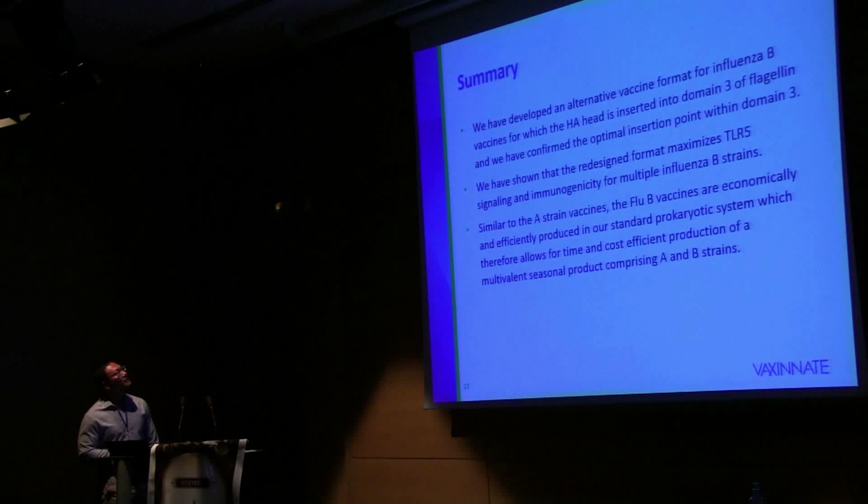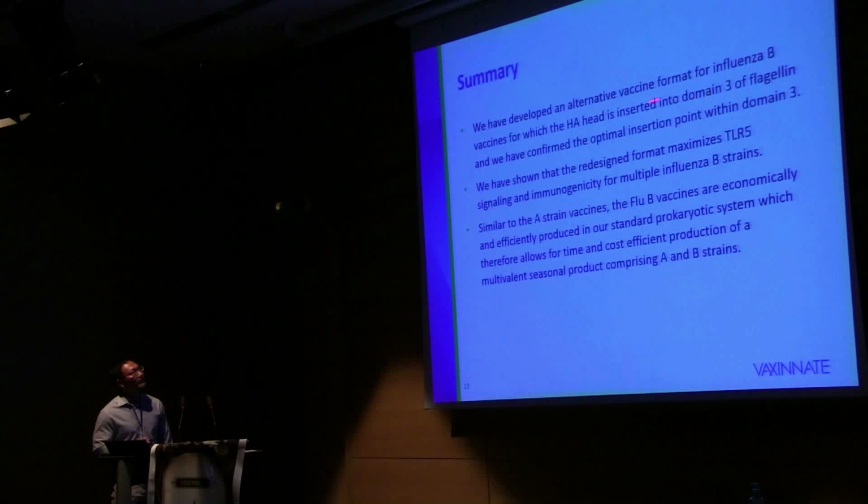So, in summary, we have developed an alternative vaccine format for influenza B vaccines, in which the HA is inserted into domain 3 of flagellin, and we have confirmed the optimum insertion point within domain 3. We also showed that the redesigned format maximizes TLR5 signaling and immunogenicity for multiple flu B strains.